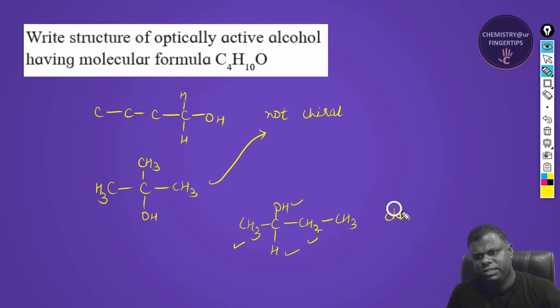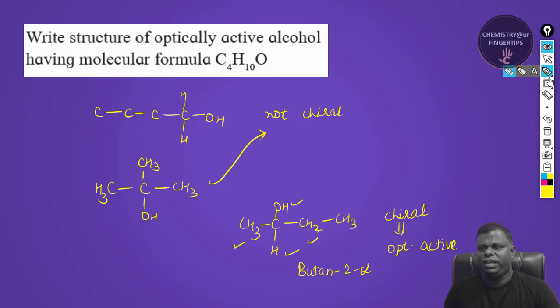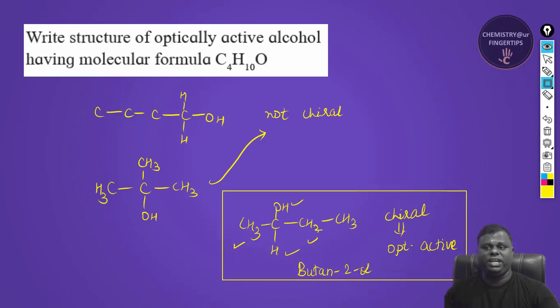So this is basically a chiral alcohol, and when it is chiral, this is going to be optically active, right? Very simple, optically active. So this is basically the structure. This is nothing but butan-2-ol, right? So I'm going to write butan-2-ol. Very simple and very easy. Let me just put this in a block so that you could understand it very well.